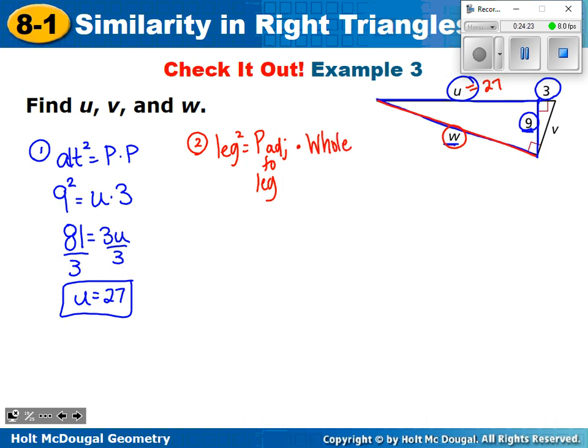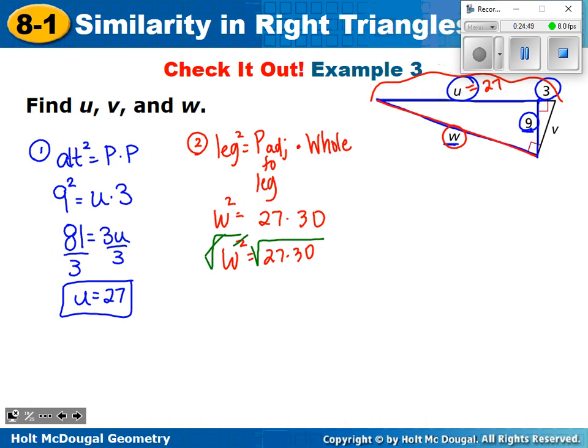So my leg here is W. What's the part touching W? U, which is now 27. And what's the whole hypotenuse? 30. So I end up with W squared equals 27 times 30, and I could multiply that, but it might be faster to just take the square root and break it down. 27 factors into 9 times 3. 9 factors into 3 and 3. 30 factors into 3 and 10, but 5 and 6 would also work.